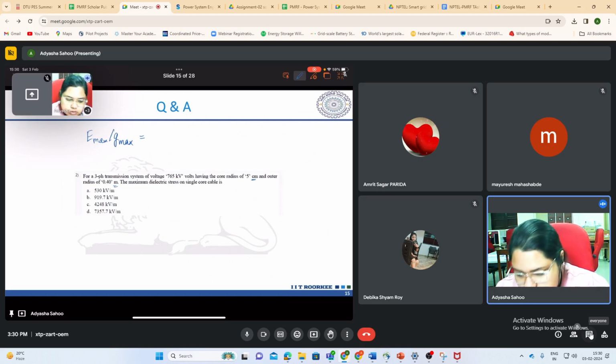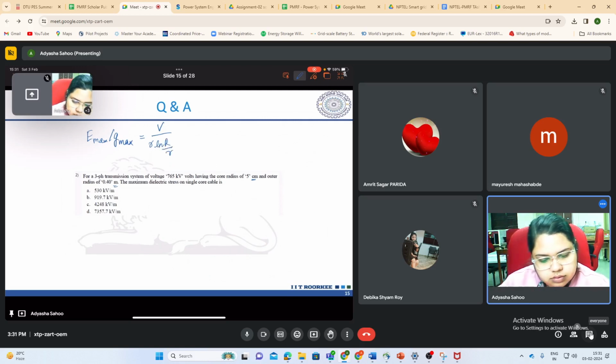What is the formula for this? Anyone? It is V by r ln R by r, where the small r is inner and capital R is outer.